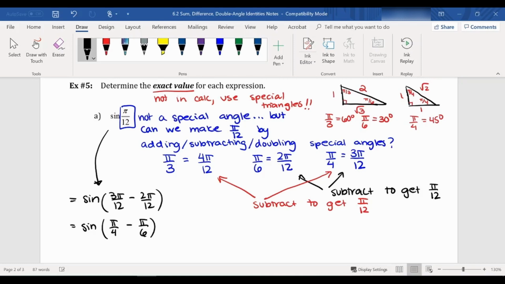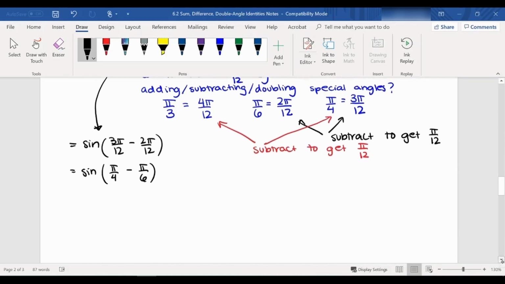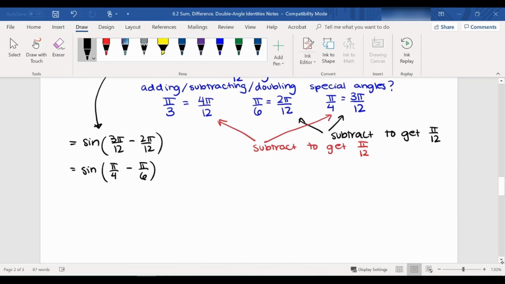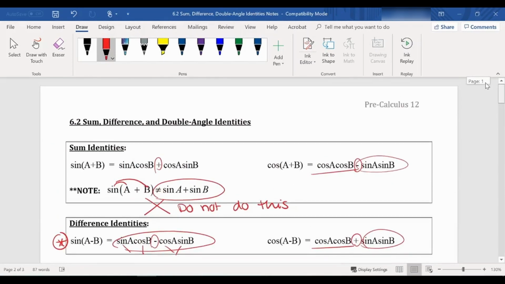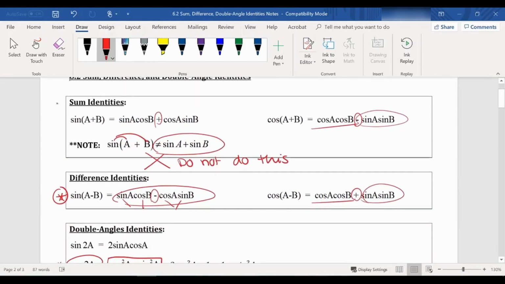And then I can use my, sorry, not my double angle identity, my sum difference identity. So if I take a look back at my difference identity at the top here, now that this is a giant mess, let's fix this up and make this a little bit nicer.